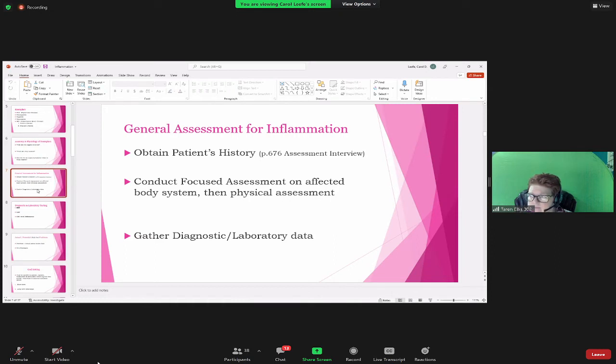Real quick before I let you go for a break, you're going to conduct a focused assessment on the affected body system and then a regular physical assessment after you do the focused assessment. What kind of focused assessment will you be doing?